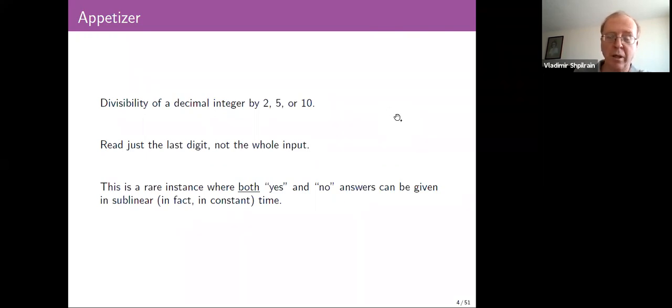But since in real life, whenever we have an integer as an input, it's either in decimal or in binary form in like 99% of cases, we're okay with that. We're okay with this kind of result, saying that there's a sublinear time algorithm that decides the divisibility of a decimal integer by 2, 5, or 10. Not by 3, though, right? So this kind of algorithm has a limited application.